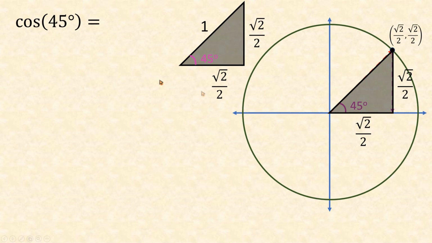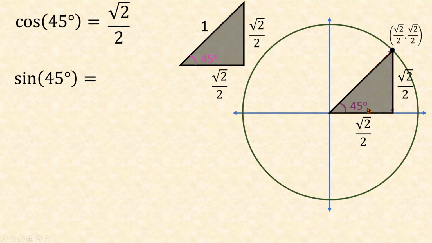Now from there, I can go and evaluate my cosine. Let's say cosine of 45, right? Cosine of 45 is cosine of this angle here. Always use the reference angle. So cosine means adjacent over hypotenuse. So radical 2 over 2 over 1, which is radical 2 over 2.